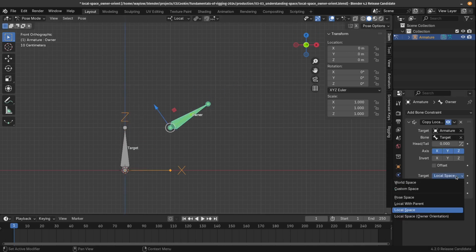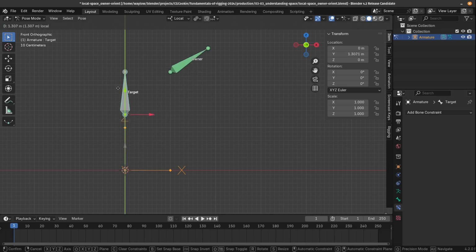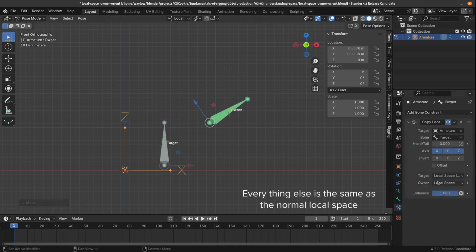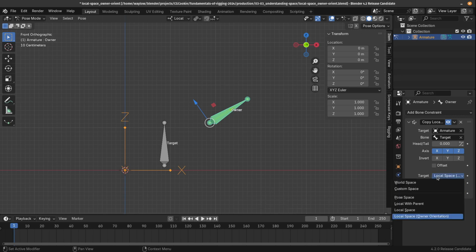If I change this over to local space owner orientation, and then I try this again, you'll notice that it's going to move in the same direction. That is only available under the target. You'll see it's not here under the owner, but it is a super handy option that we will utilize quite a lot when we're rigging.